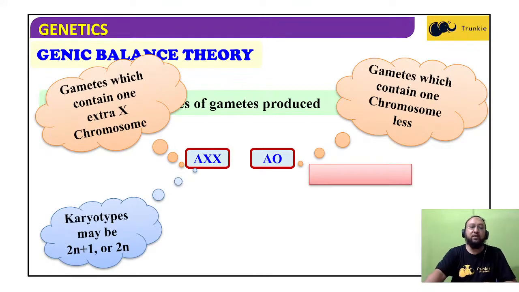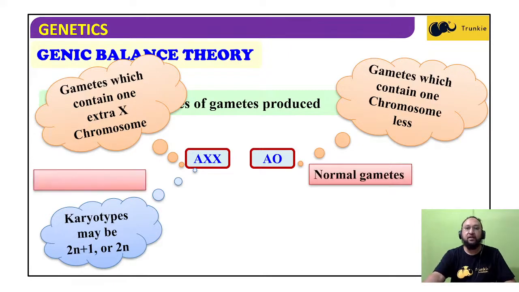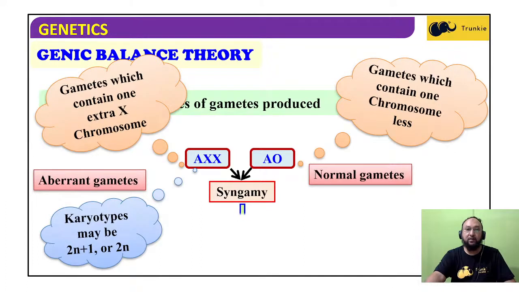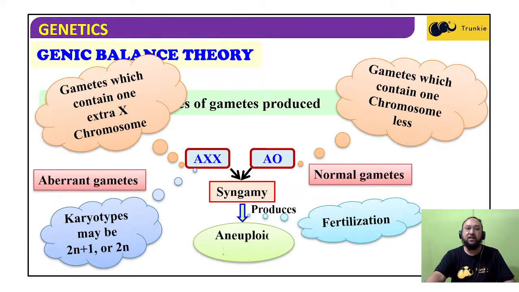The karyotype may be 2n plus 1, an extra one. In the case of AXX, one extra X chromosome has come with the gamete because of non-disjunction, causing 2n plus 1, while 2n is the normal condition. Then normal and aberrant gametes, in syngamy, produce fertilization, and after fertilization they give aneuploid zygotes.